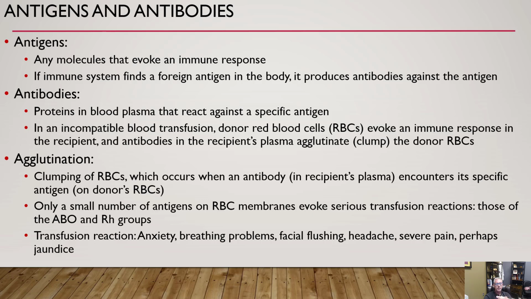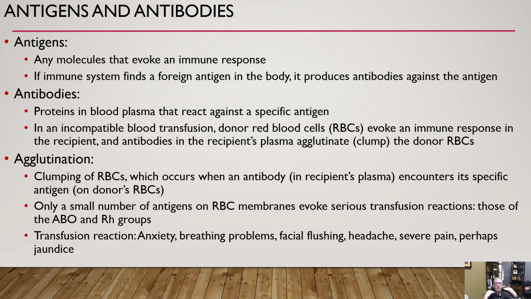If the immune system finds that there is a foreign antigen in the body, it's going to produce antibodies against this antigen. Now, antibodies, this is what is in the bloodstream. So these are proteins in the bloodstream or in the plasma that are going to react against a specific antigen, again, on the red blood cell.